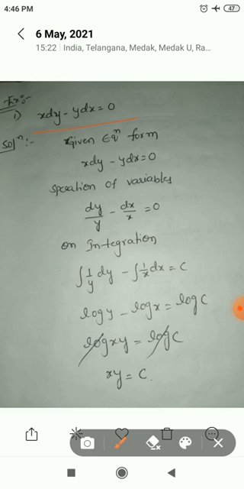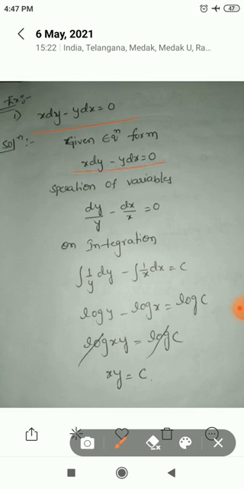We remember 3 steps. First, the form dy by dx equals a function of x, y. Then it is written in the form M dx plus N dy equals 0.